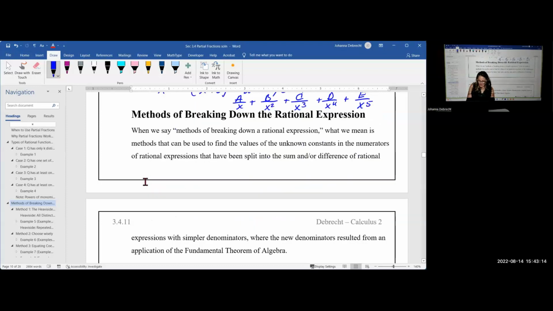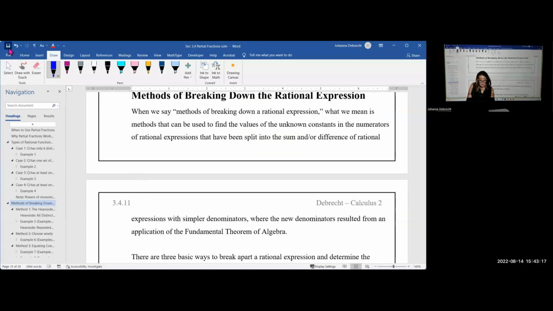We have now finished talking about the types of denominators that we're going to be decomposing. So we're ready to talk about the methods of breaking down these rational expressions. So again, there are three basic methods. And when we talk about methods, what we're talking about is, how do I find those A's, B's, C's, D's, E's, etc., that are showing up in the numerator?